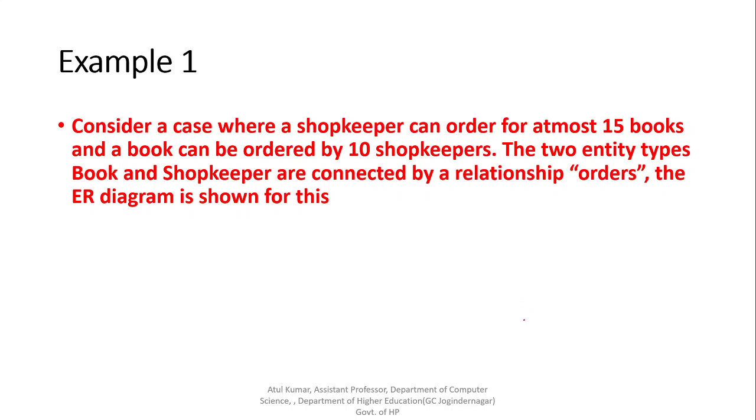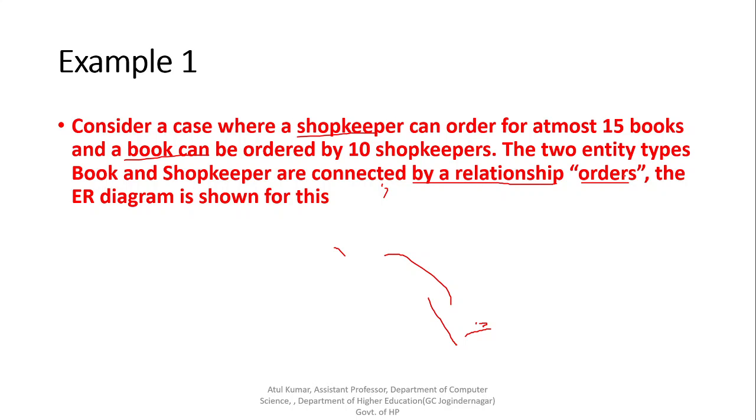Next, this one is example number one, to showcase the ER diagram. In this example, consider a case where a shopkeeper can order at most 15 books, and a book can be ordered by 10 shopkeepers. The two entity types in this example are shopkeeper and book, connected by a relationship, orders.